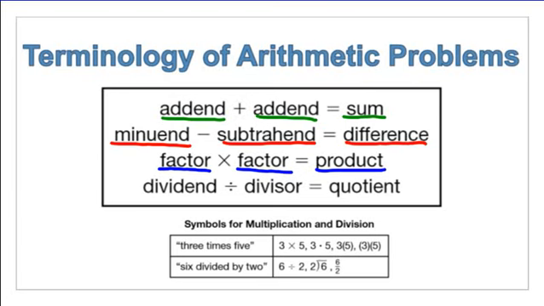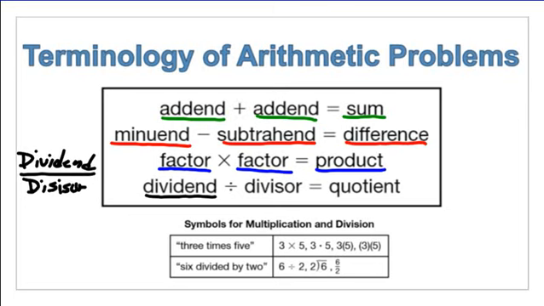And then for division, we have the dividend. So if you write it as a fraction, fractions are division problems. The dividend is up on top, and the divisor is in the denominator.